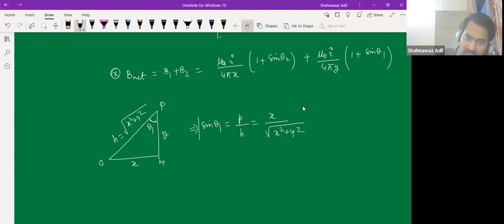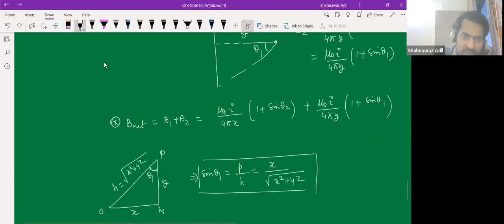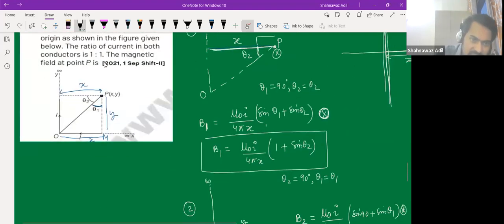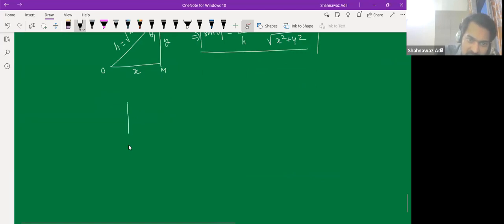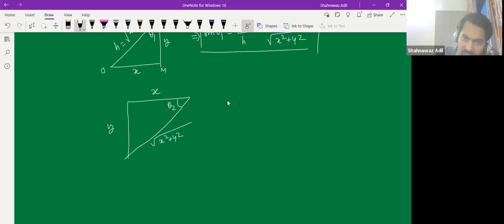So this is sine theta 1. And for sine theta 2, we have to figure it out. So what is the triangle? This one is the triangle. This is theta 2, this distance is x, this is y, and again the hypotenuse is root of x square plus y square. So what would be sine theta 2?